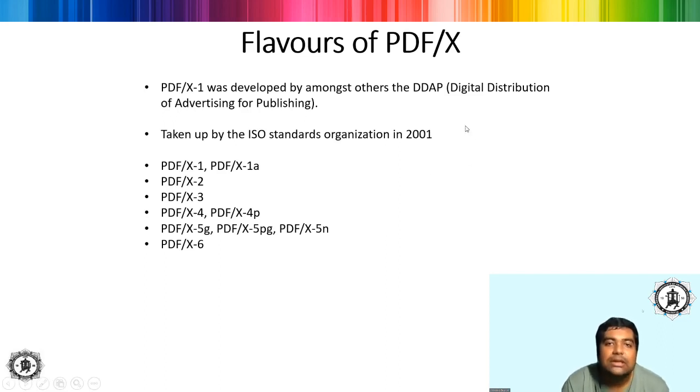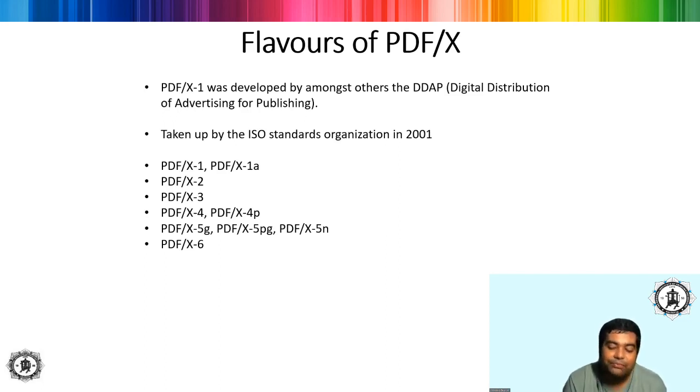This was actually developed among others by DDAP. PDF/X-1 was the original PDF/X file. So the concept here is quite interesting. You need to know what that X means. In case of PDF/A, as I told you, that A stands for archiving. So in our case, in the graphic arts industry, what does this X mean?